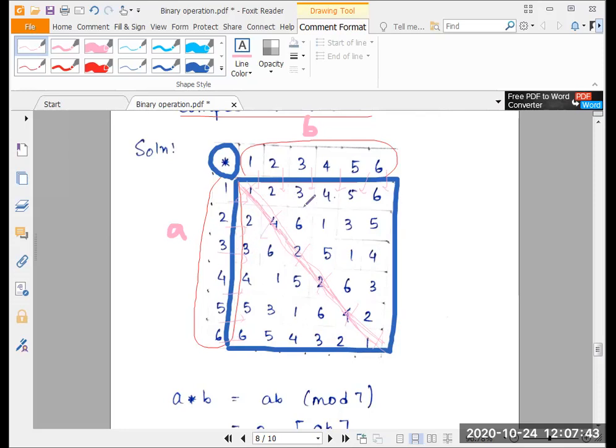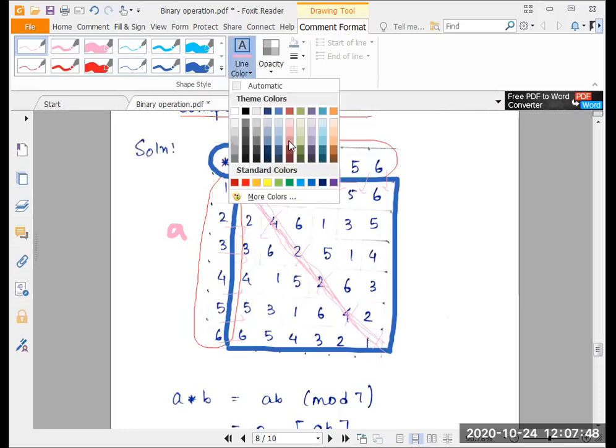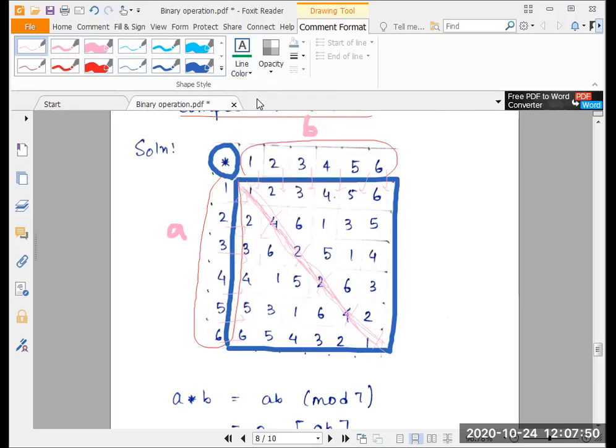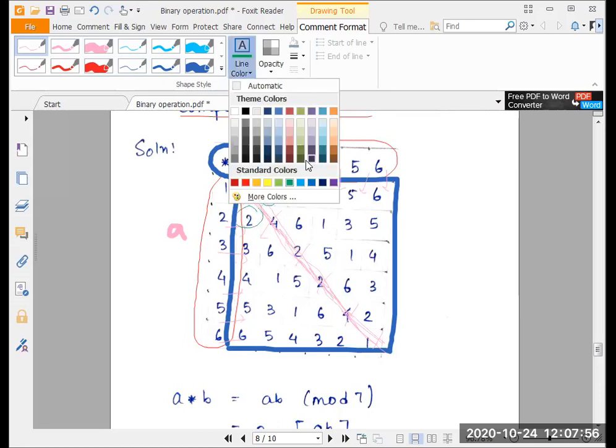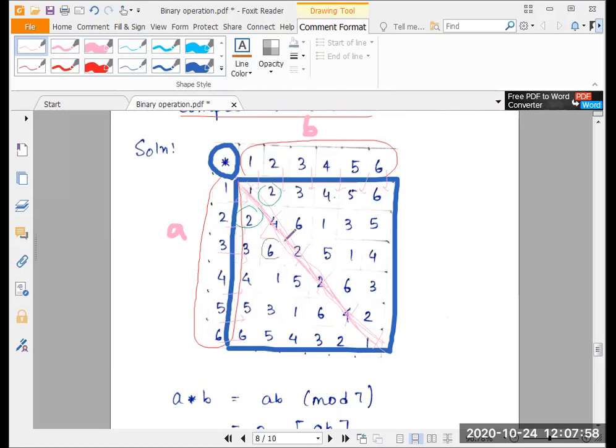There's 3 on this side, there's 3 on this side. Let me color them using different colors so it'll be easier for you to understand. Yes, there's 2 on this side, there's 2 on this side. Taking a different color, there's 6 on this side, there's 6 on this side. Different color, there's 5 on this side, there's 5 on this side.